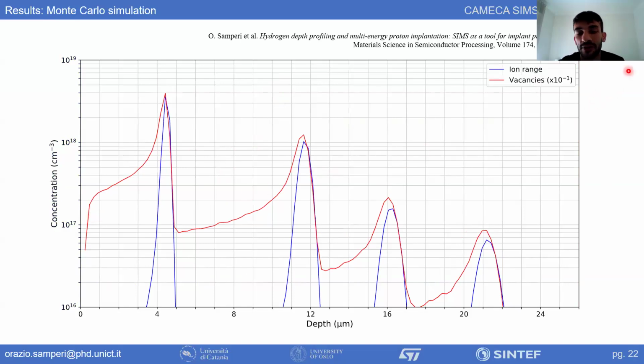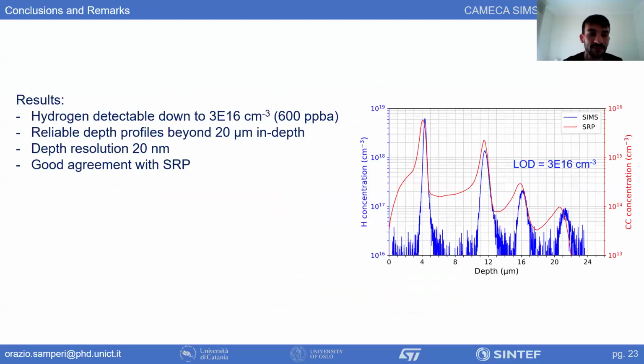And of course the same is true for the SIMS profile, which follows the ion range or the ion distribution. And so I repeat it: this is the most useful application. This is the reason why you should be able to use SIMS for detecting, for analyzing hydrogen.